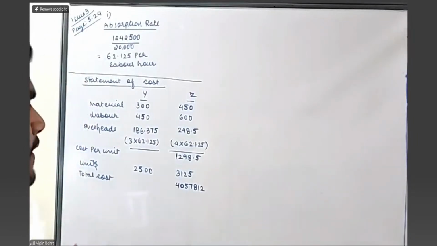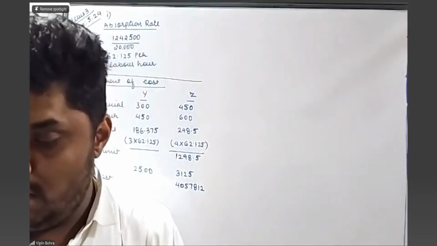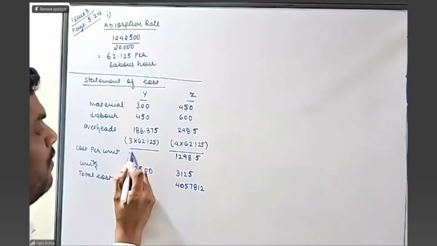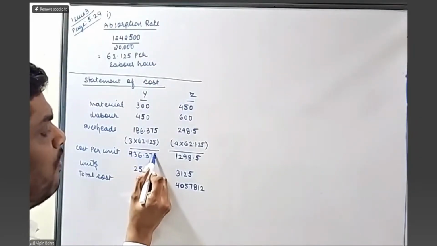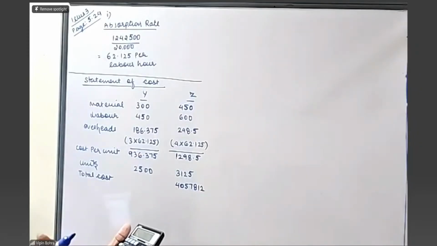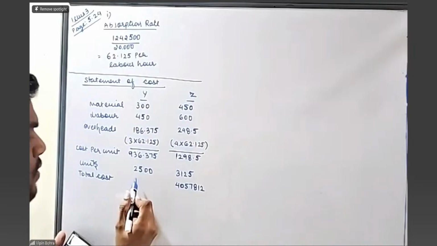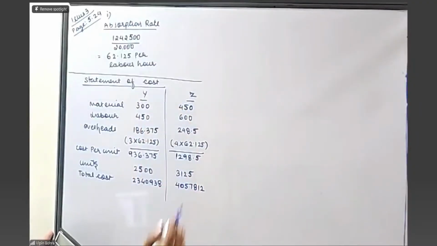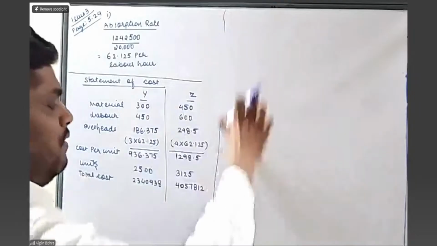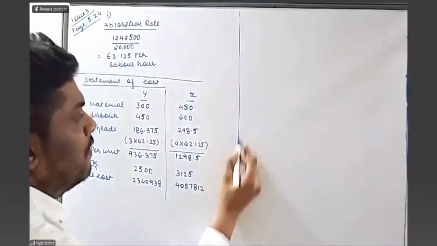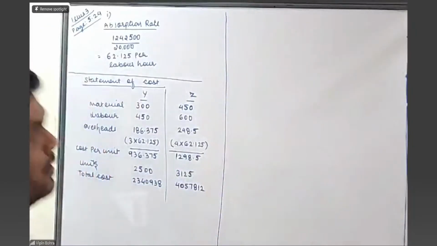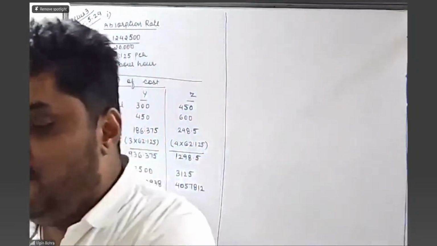For the second one, it is... So this is the solution as per the traditional system of costing. That is the first part of the question.